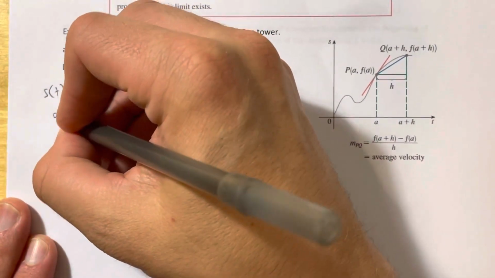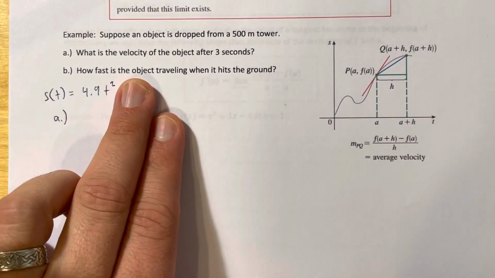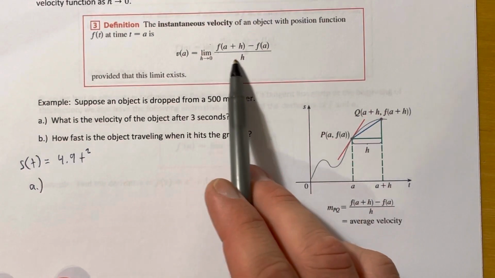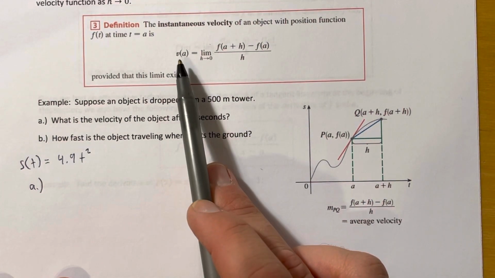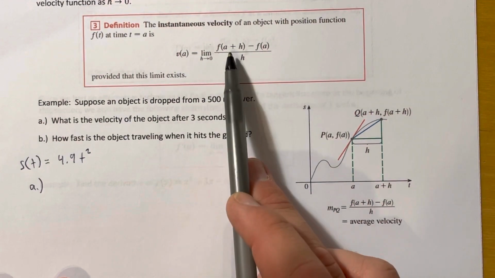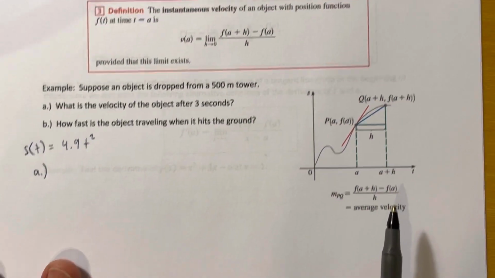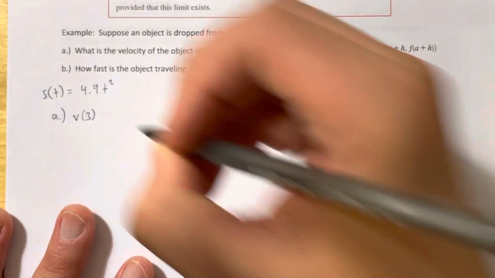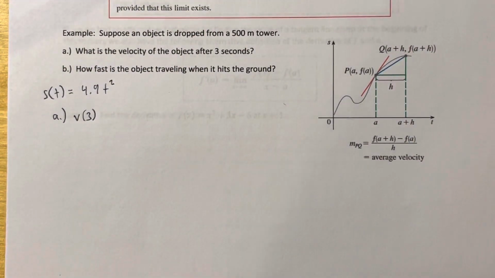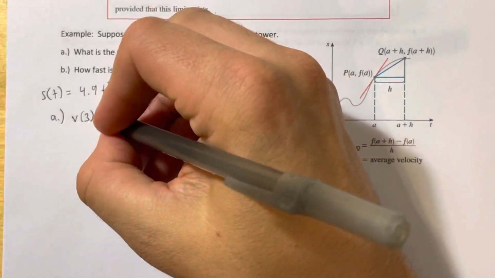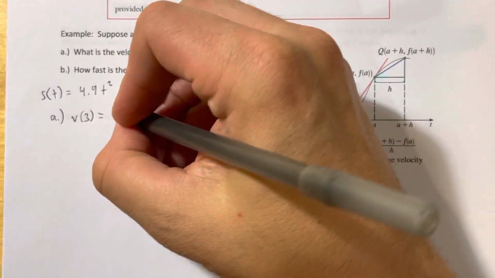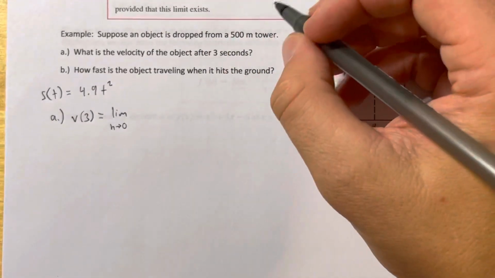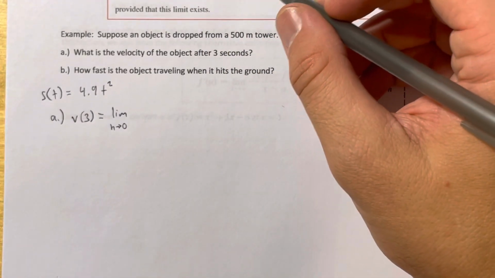So for part A, it says, what is the velocity of the object after 3 seconds? Well, up here we have a little formula involving a limit that tells us the velocity in terms of our position function. So v of a, in this case specifically, we're looking for v of 3. That would be the velocity of our object at time 3. That's equal to, according to our formula up there, the limit as h approaches 0 of f of 3 plus h.